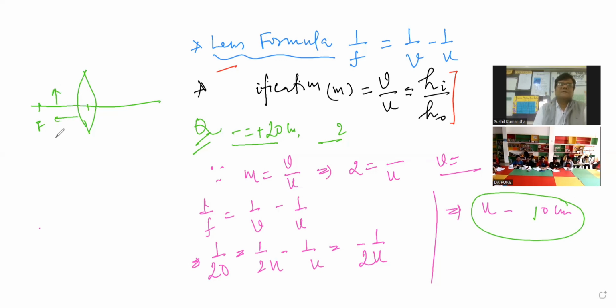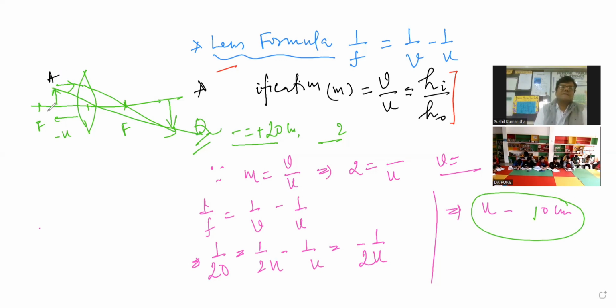So up to this is minus u, and then a parallel line passes through the other side, which is the focal length, and then from this point, in this process an inverted image, which is magnified, is obtained on the other side. Better you name the object and image as well.